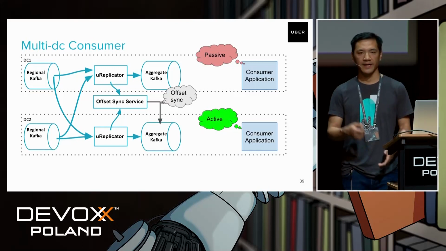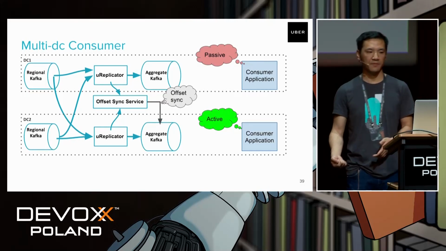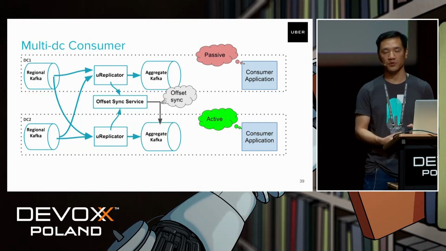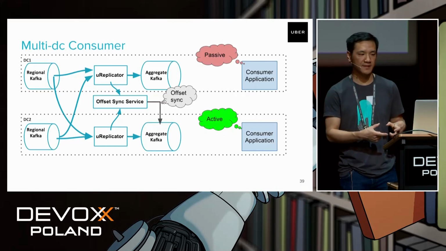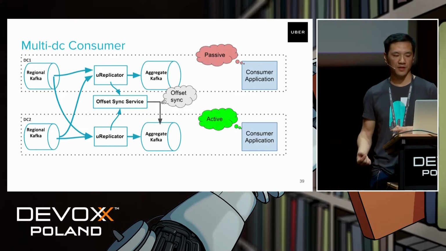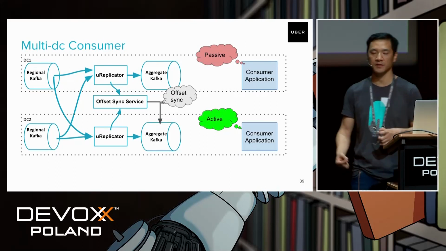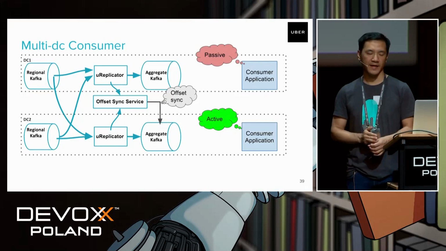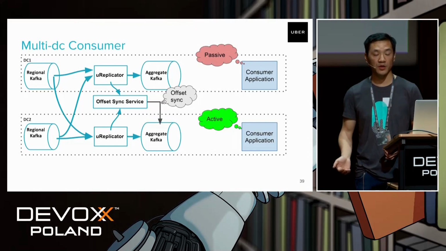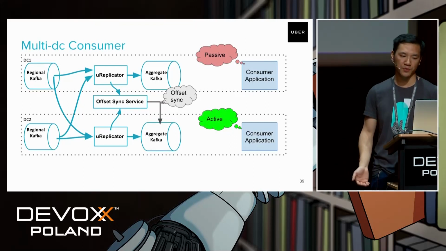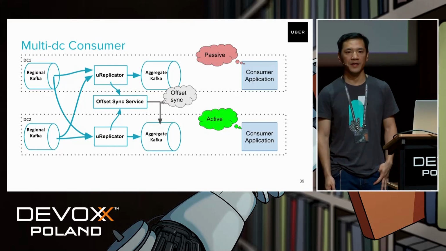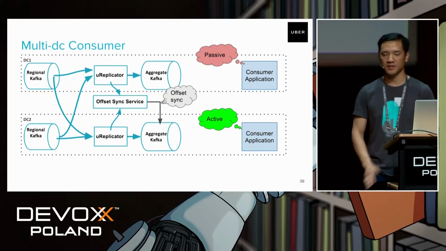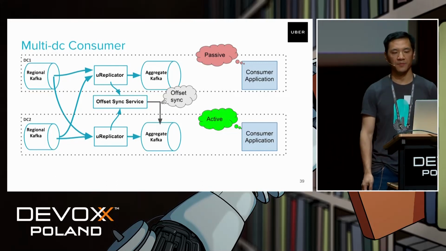We get the offset from DC1, map it back to the original Kafka cluster offset in DC1 and DC2, and use these two offsets to map the offset back to the aggregate Kafka cluster in DC2. With that, we minimize the duplication for the newly active consumer in DC2, and we also guarantee at least once, meaning the consumer will not lose any message that has not been processed.